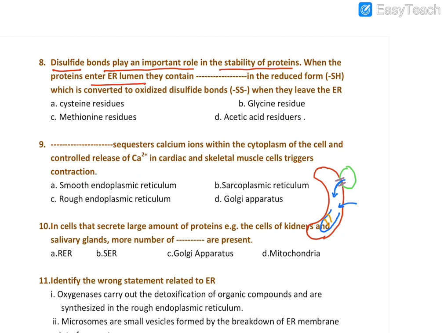The blue color one I have shown is the polypeptide chain that comes from the ribosome. Through the translocon, it enters into the lumen of the endoplasmic reticulum. Later, the stability of the protein depends on the formation of disulfide bonds, which are provided by cysteine residues.